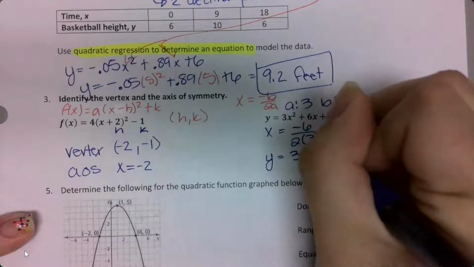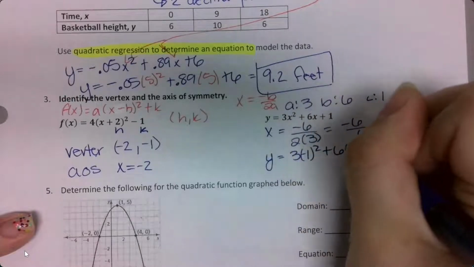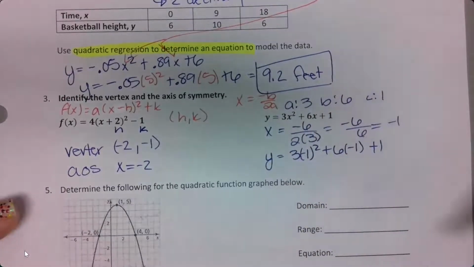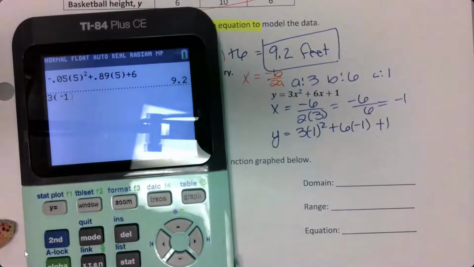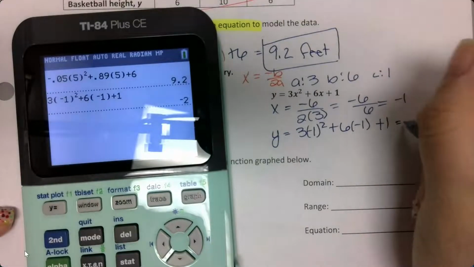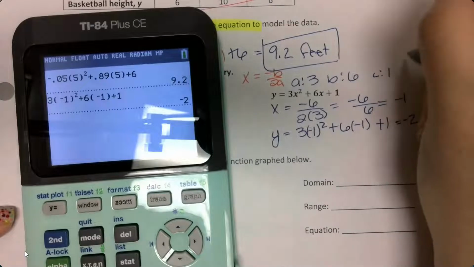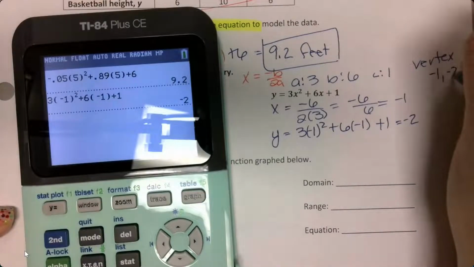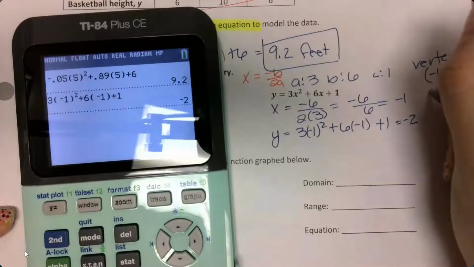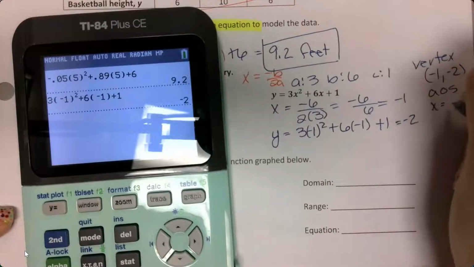So I have 3 times negative 1 squared plus 6 times negative 1 plus 1. Which gets me negative 2. So my vertex is negative 1, negative 2. And my axis of symmetry is x equals negative 1.